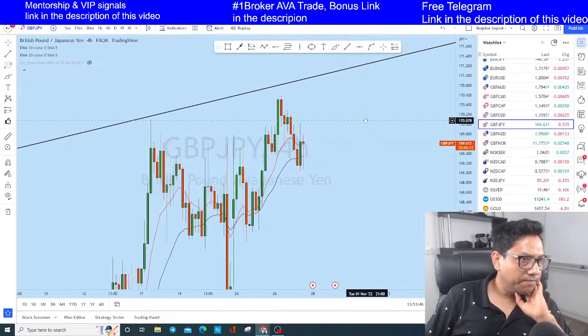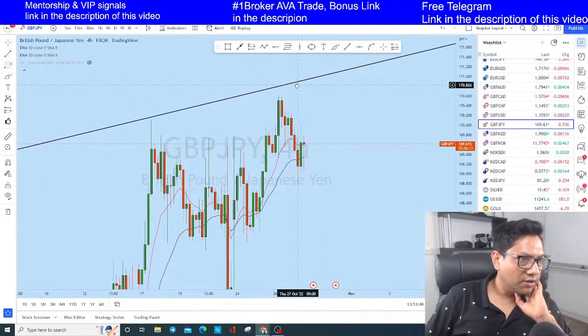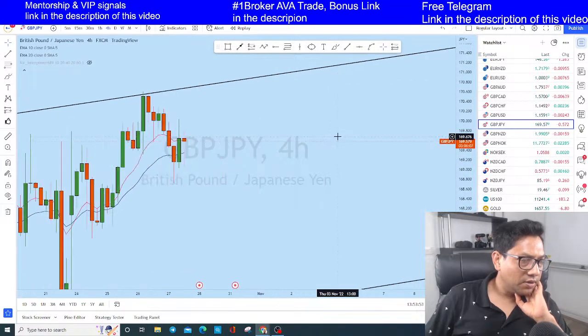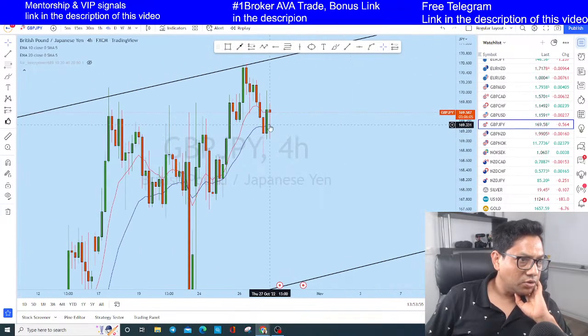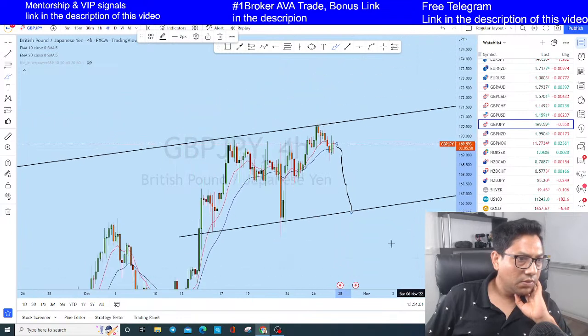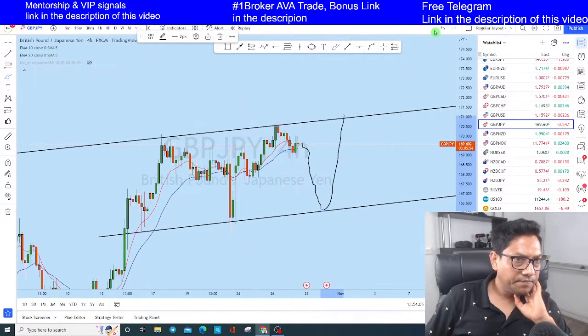For me, I don't think that GBP JPY will be able to go like that. I think that it will come back down to this level and then create a move like that again.